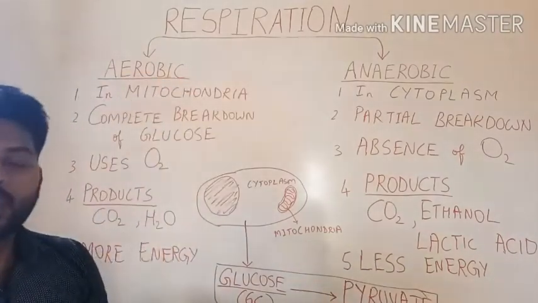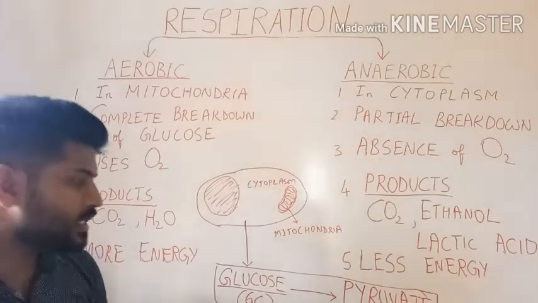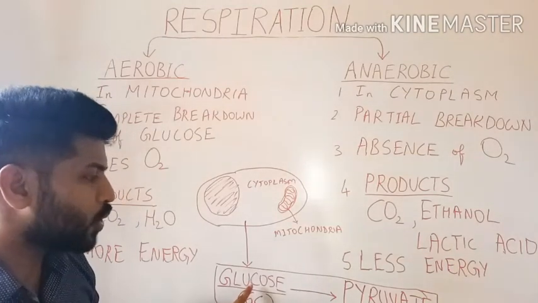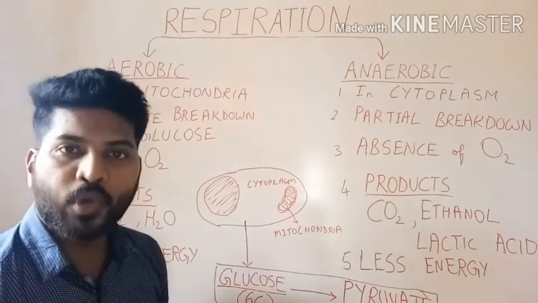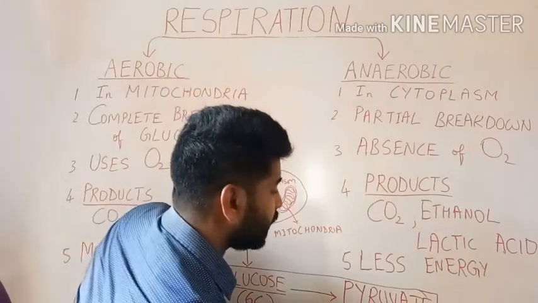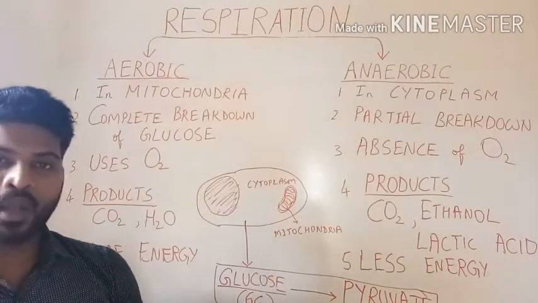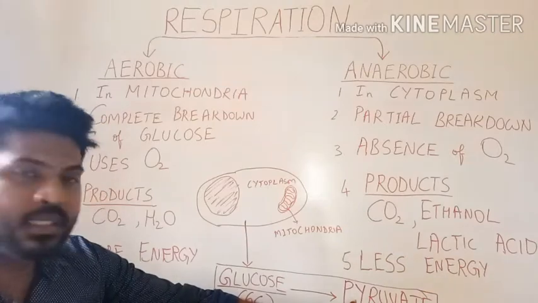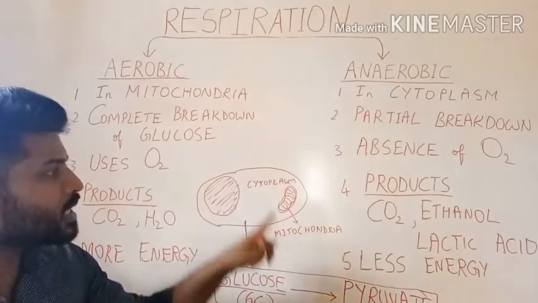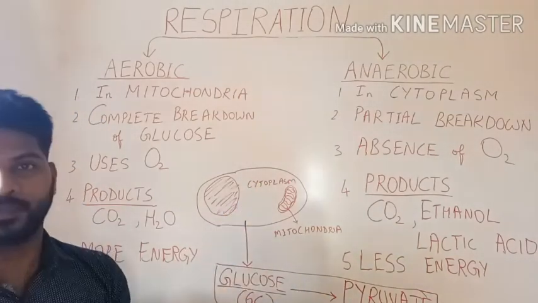So, the first step in respiration is that a 6 carbon glucose molecule is broken down to give you a 3 carbon molecule called pyruvate. Where does this process take place? This process takes place in the cytoplasm.